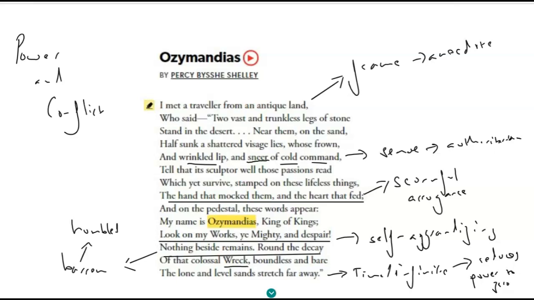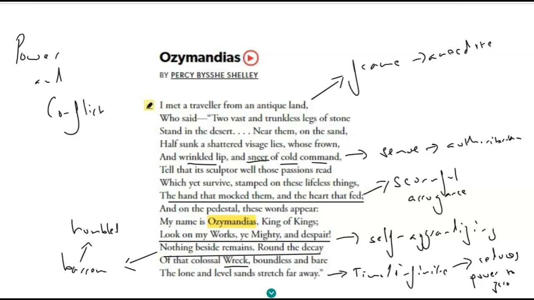So it reduces power down to zero. So we've got the contrast between the proclamation and the narcissism, the self-aggrandizement of Ozymandias himself, and then how his monument has sunk away and has now faded into nothing. So those are some of the main themes in the poem.